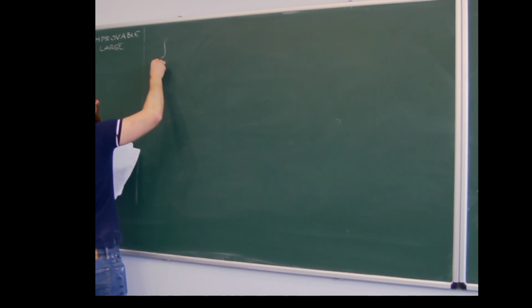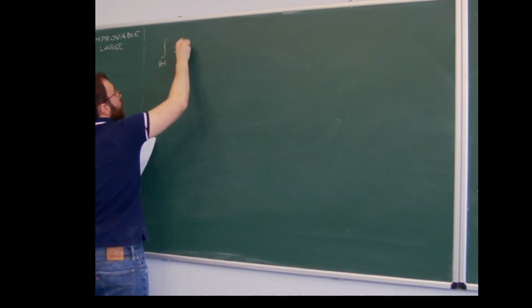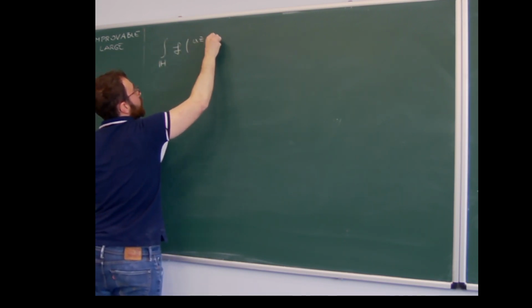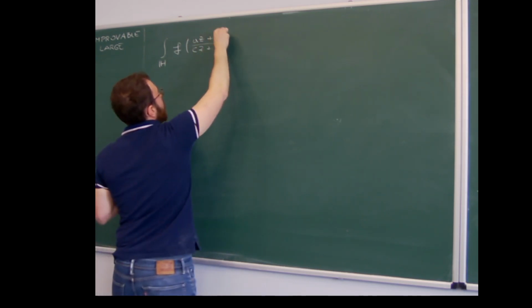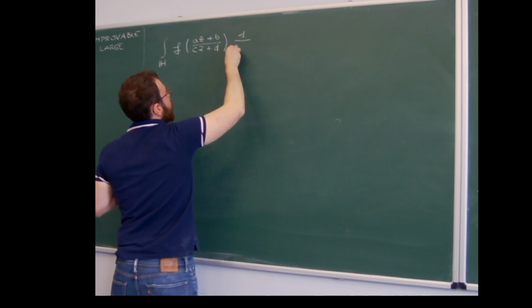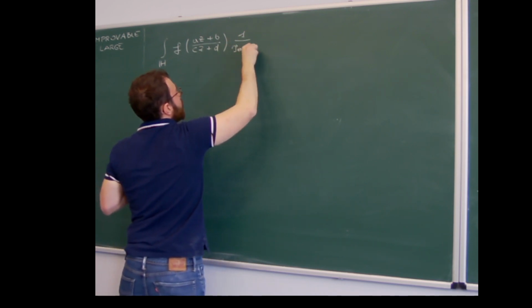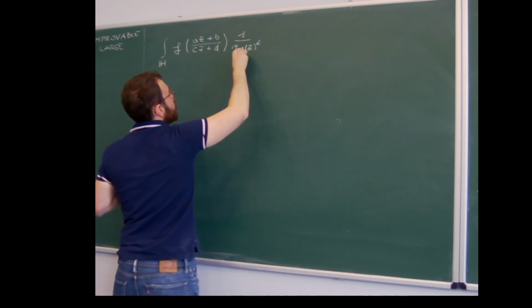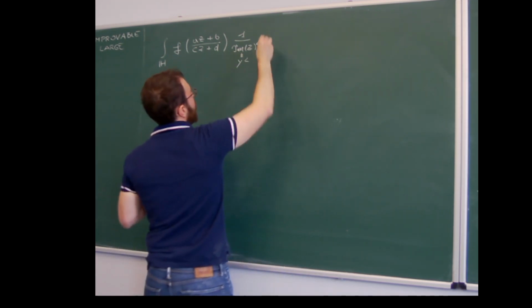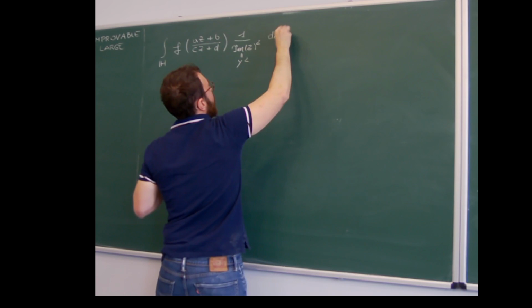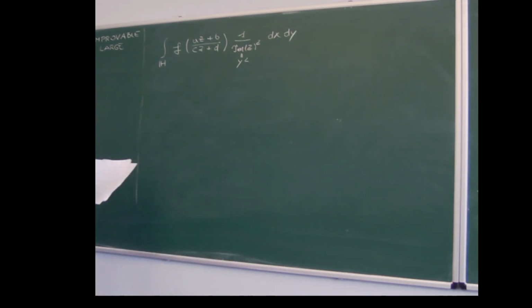You have the integral over H of f of (az+b)/(cz+d), and then 1 over the imaginary part of z squared, which is also y squared, by the way we define our coordinates, dx dy.